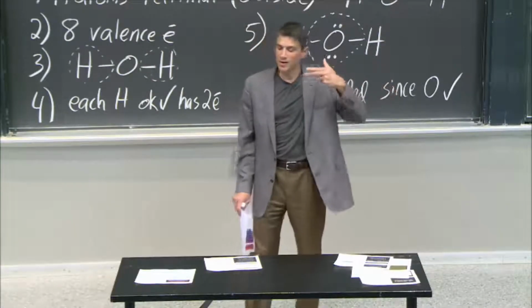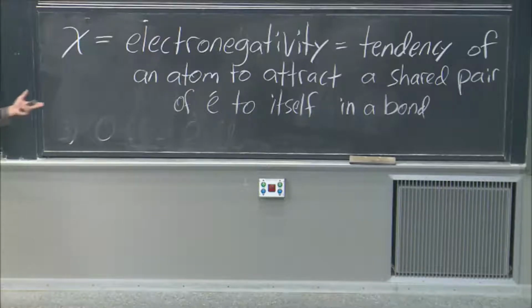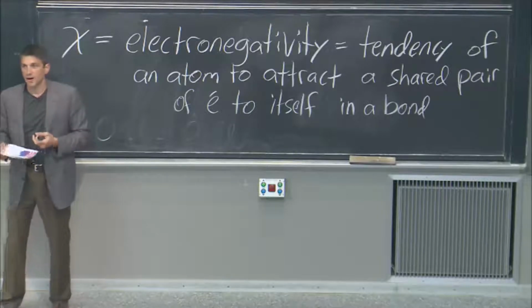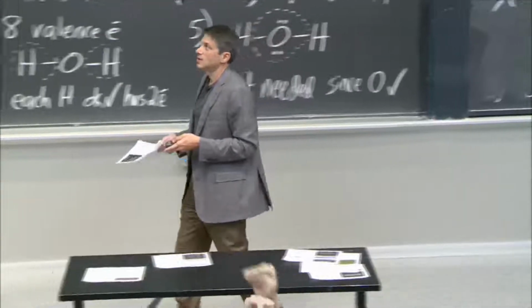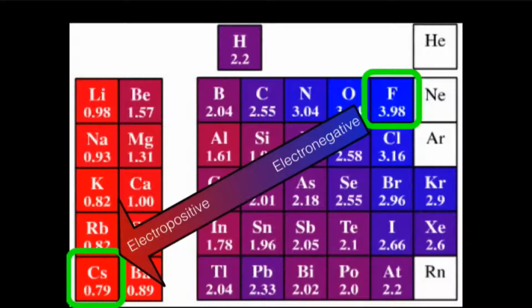But what I want you to know is what it means conceptually, and then how to use it to think about whether a bond is going to be ionic or covalent or somewhere in between. And so you can see already here, the extremes of this are fluorine and cesium. These are the most electronegative, least electronegative, or if you want to be positive about it, most electropositive.